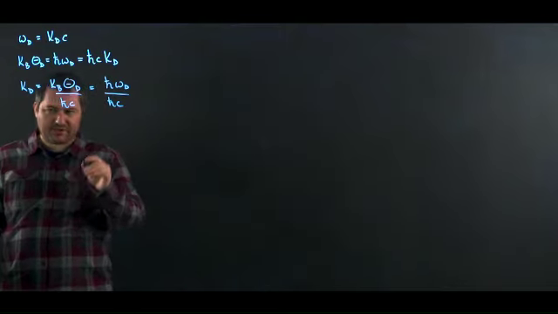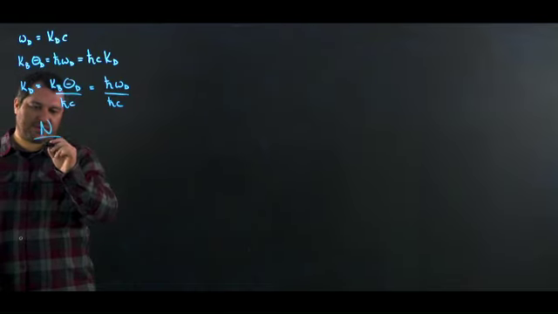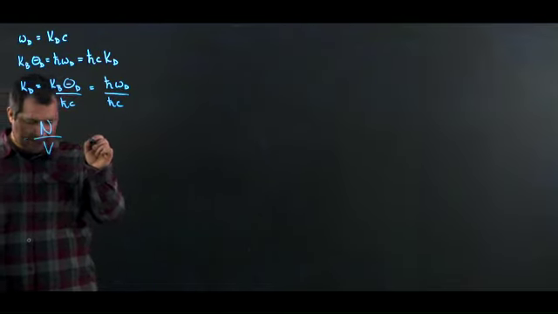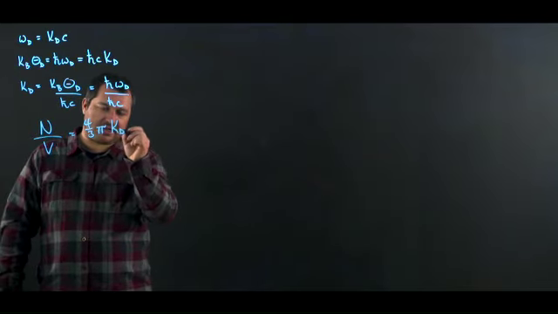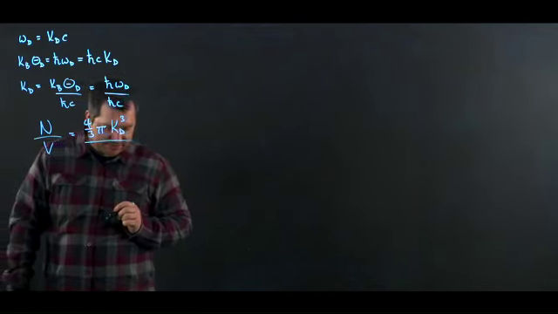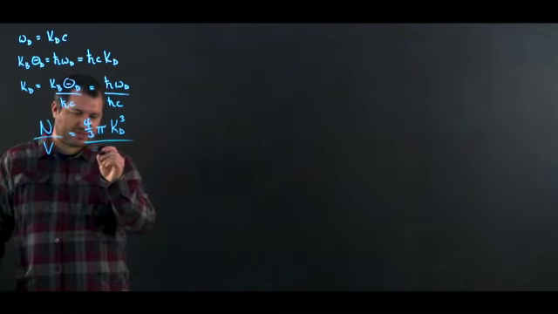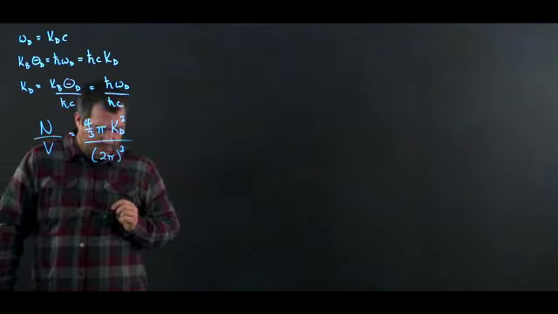Now we also remember that if I have a number per unit volume, some little n, and I've got the volume of a sphere, 4/3 pi, and my sphere is in k space, I can say that my r is kd. This is the Debye radius for my k sphere. This is cubed. And I'm going to divide this by the volume of k space of some volume element, which is just 2 pi cubed.